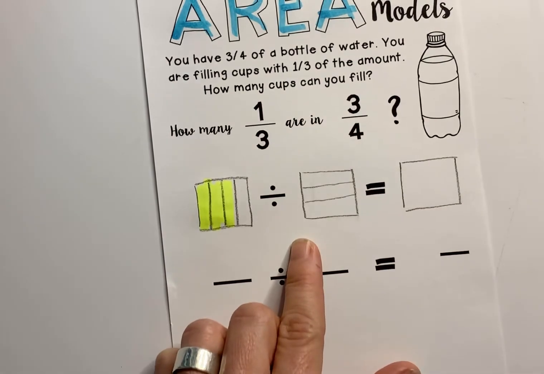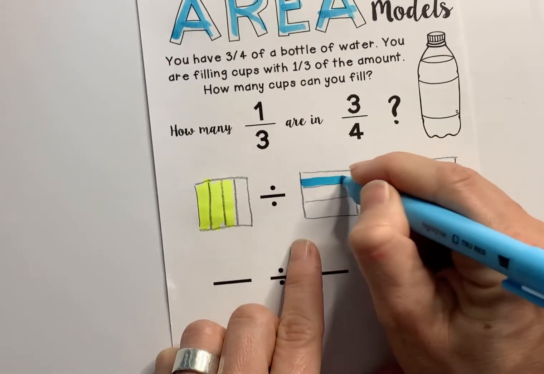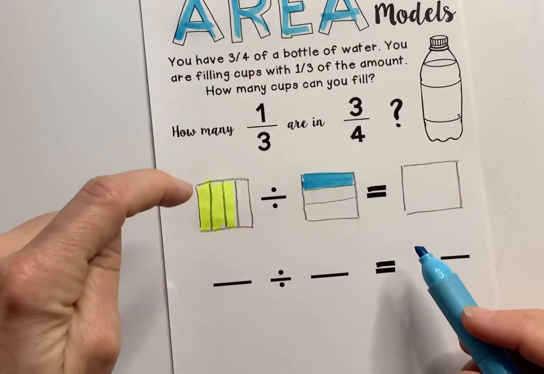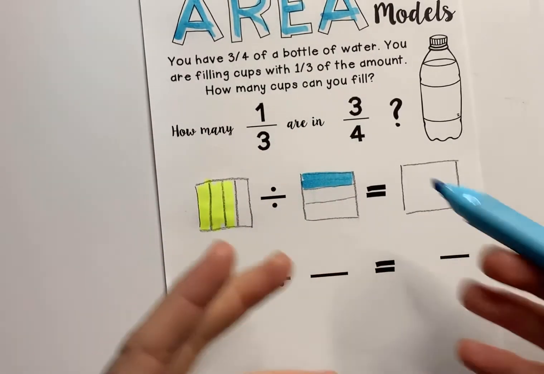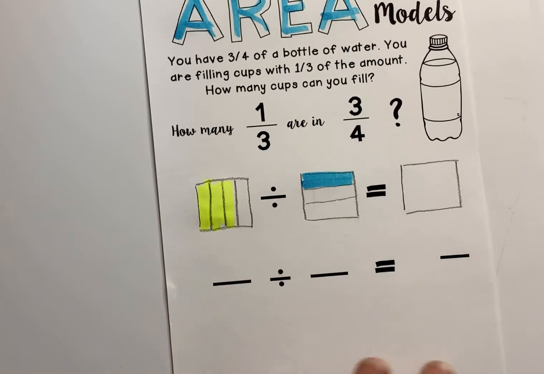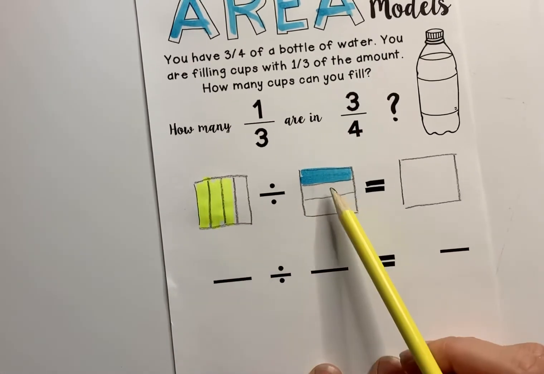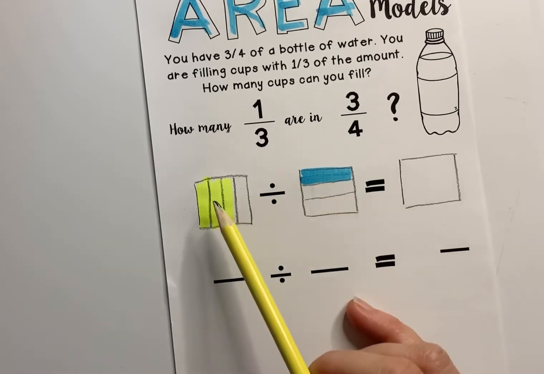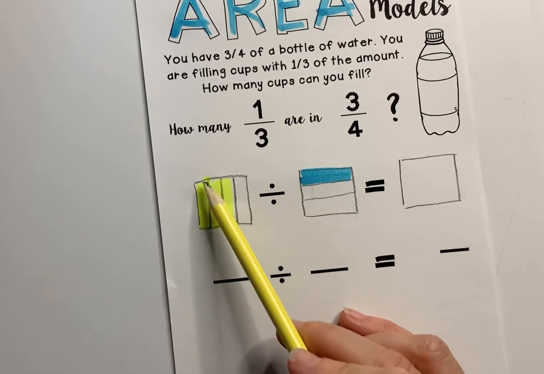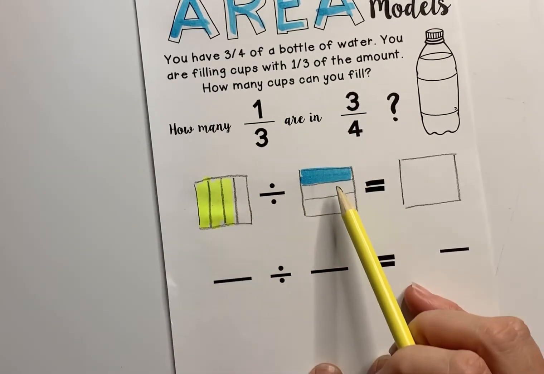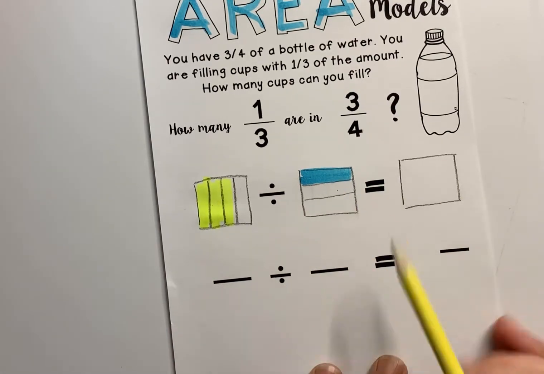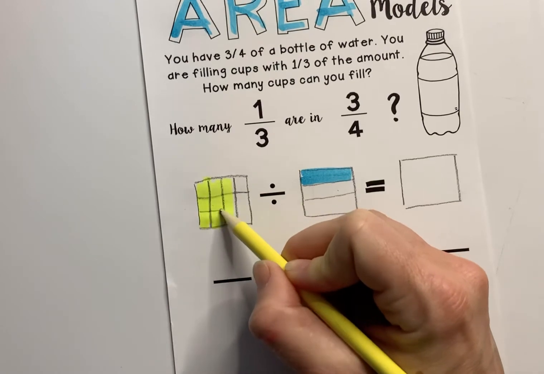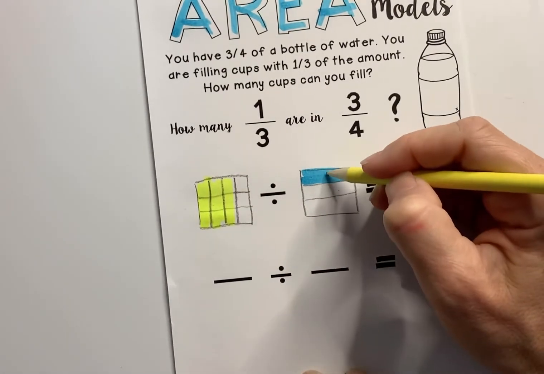And I want to know how many of those fit into those. In order to determine that, we are going to make our 3 horizontal sections on this, and we are going to make our 4 vertical sections on that, so we can make a nice comparison. So there we go, and then here's our fourths.